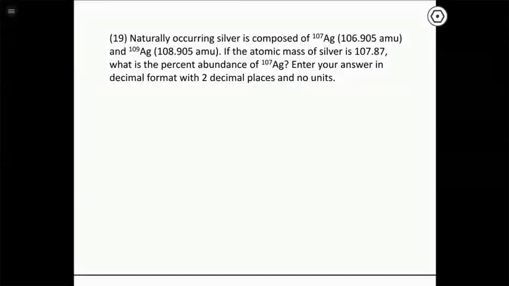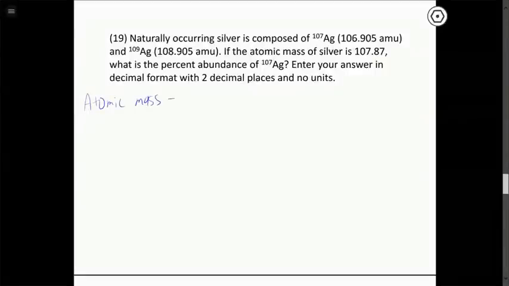All right, so for these types of problems where we're calculating atomic masses and relating them to isotopic abundances, there's only one equation we have to worry about. Remember that the reported atomic mass for any element, like the one we get off the periodic table, is a weighted average of all of the individual isotope masses. So in this case we have 2 isotopes with different masses, and it's the weighted average of those 2 that's going to give us the number that we see on the periodic table.